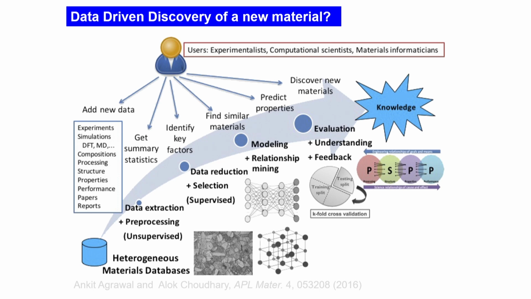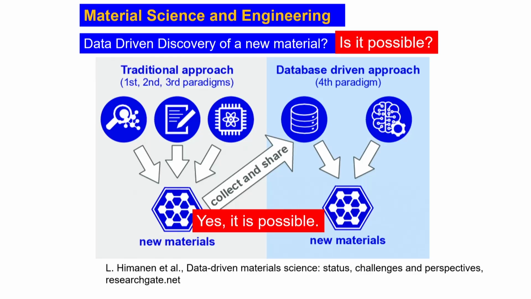So, the important aspect first and foremost is data, then you can do extraction, processing, reduction, modeling, whatever you want. In the traditional approach, the first, second and third paradigm I have shown you, we are all doing experiments or simulations, correct? We do not want to do that anymore.